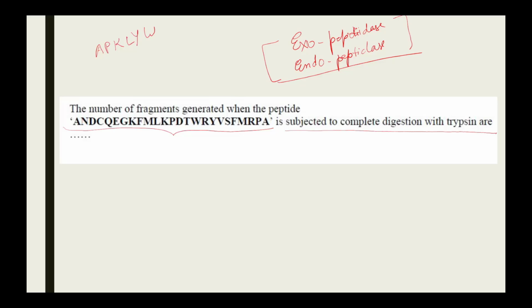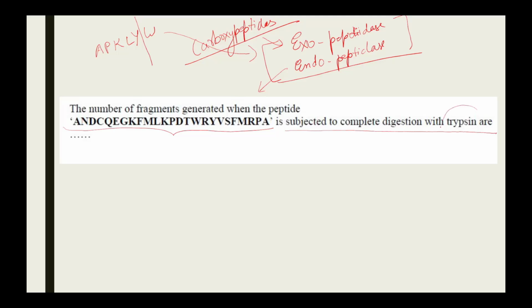If the digestion or cleavage of the polypeptide is happening from the outside, that comes under the category of exopeptidase. For example, carboxypeptidase is an example of exopeptidase, and endopeptidase is where an internal cleavage site can be targeted.